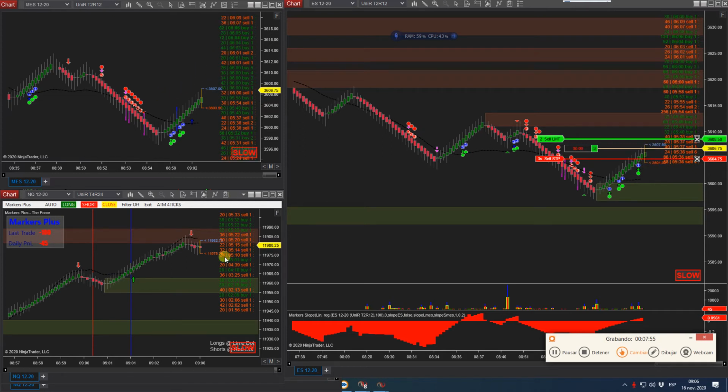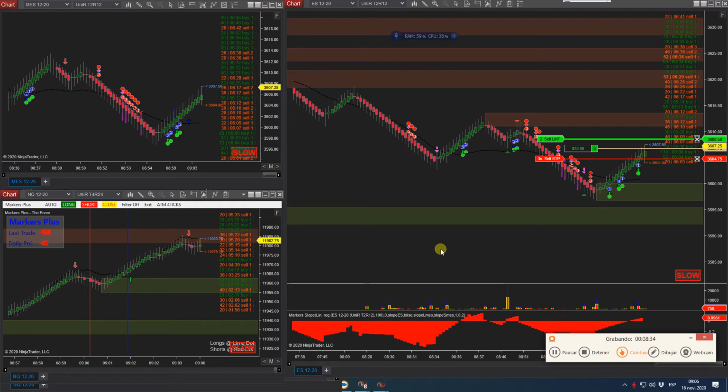Nasdaq is reversing. There you go. There's the buyers in the tape breaking the high of the bar.